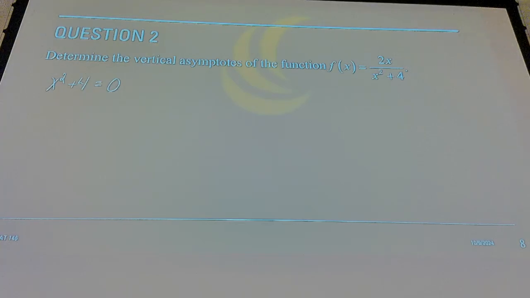You have to take the square root of -4. Even before that, that's saying that the sum of two positive numbers is 0, which is a contradiction. But yes, if you actually solve for it, that's what's going to wind up happening. So right away you can tell that statement is not true. You can't sum two positive numbers to get 0. That means there are no vertical asymptotes.